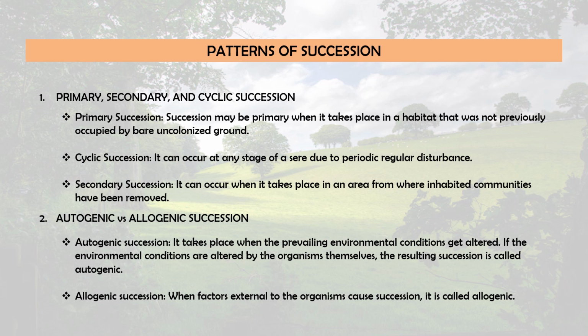And next one is cyclic succession. Here, it occurs in any stage of the sere due to periodic regular disturbances. Like starting with a new land, succession proceeds through a series of stages to reach the climax stage.